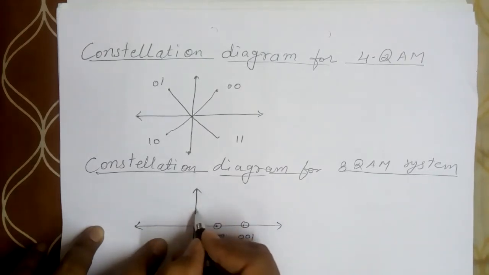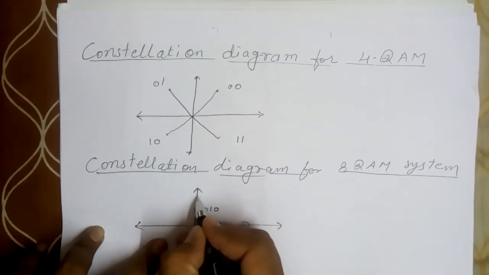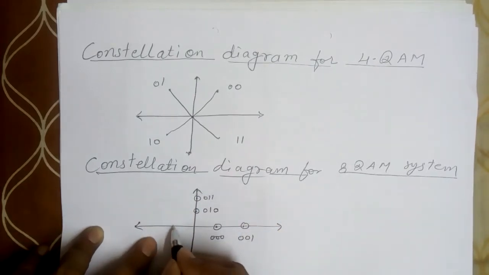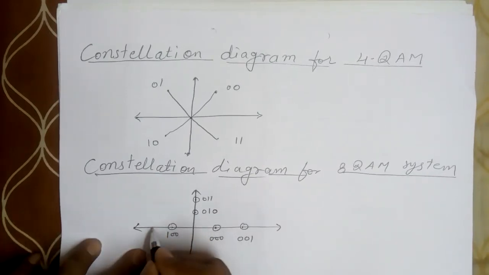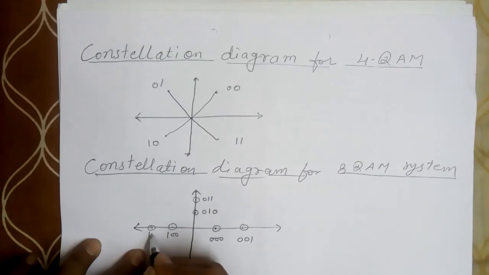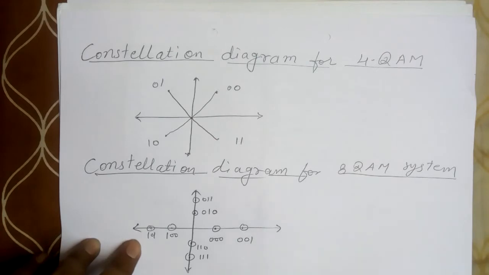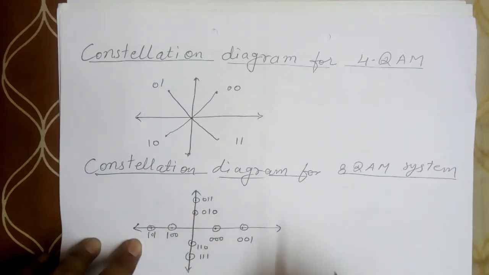Here we have 0, 1, 0. Here we have 0, 1, 1. Here we have 1, 0, 0. Here we have 1, 0, 1. Here we have 1, 1, 0, and here we have 1, 1, 1. So for 3 bits there will be 8 different signals.